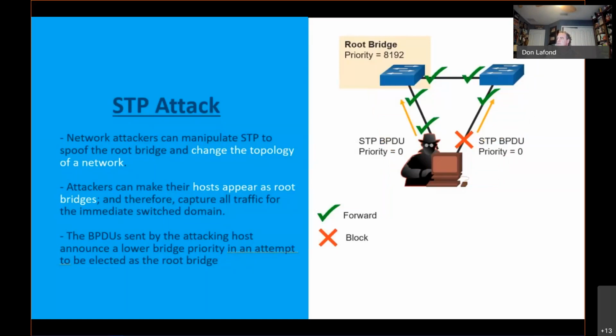By sending out these spanning tree messages saying that their priority is insanely good, the network infrastructure will view that threat actor's host, which is pretending to be a switch, as the root bridge, and they will all find the best way to reach the root bridge, which means they'll be dropping their main connection between each other and connecting through that switch itself. This allows the threat actor machine to pretty much act as a man-in-the-middle style attack and to be able to see all network traffic moving across this network domain.